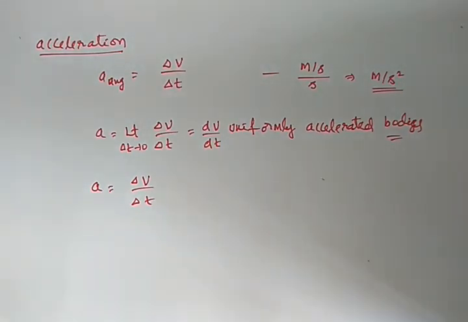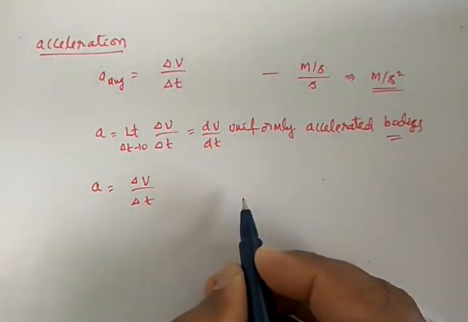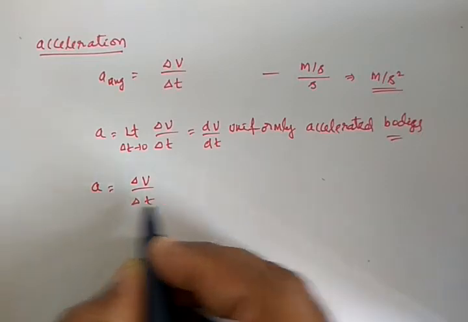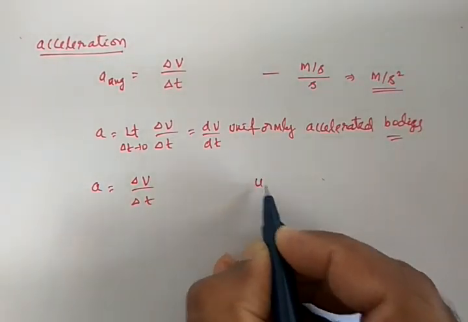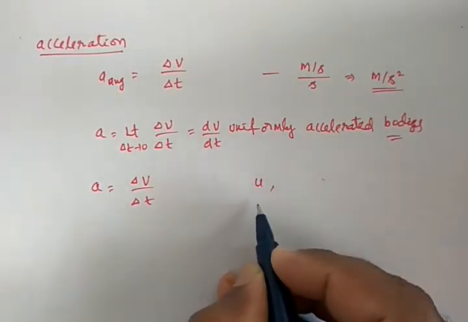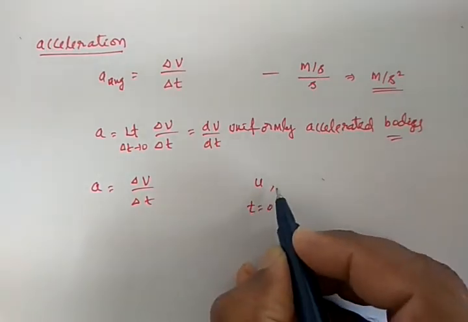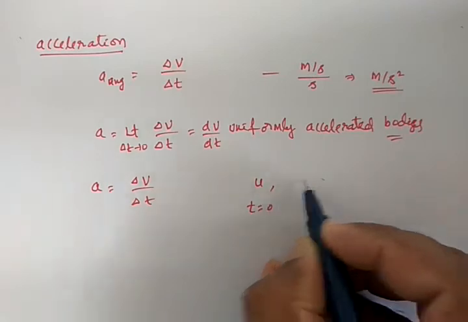Let us consider a body that is moving with uniform acceleration a, and its initial velocity is u. It means at time t equals 0, the velocity is u. As time goes on, the velocity of the particle is changing.